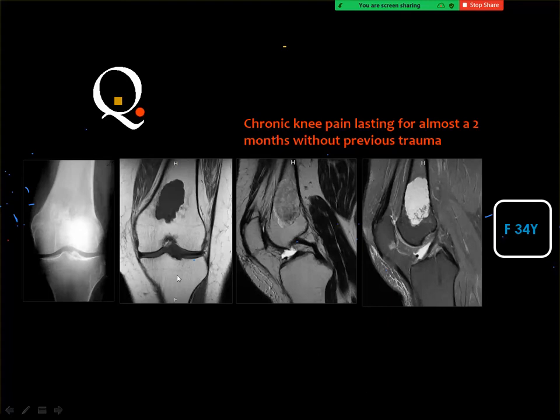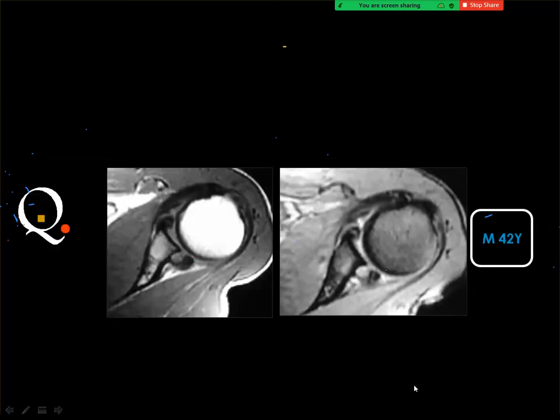But you remember that I have mentioned in the lecture of the knee joint that you may sometimes incidentally find this lesion, which is located intramedullary. It shows low signal in T1 and relatively bright signal in T2, with very bright signal in the STIR images, together with the presence of dark foci within the lesion representing calcium, and this is enchondroma of the long bone. Yes, and this is the next case.